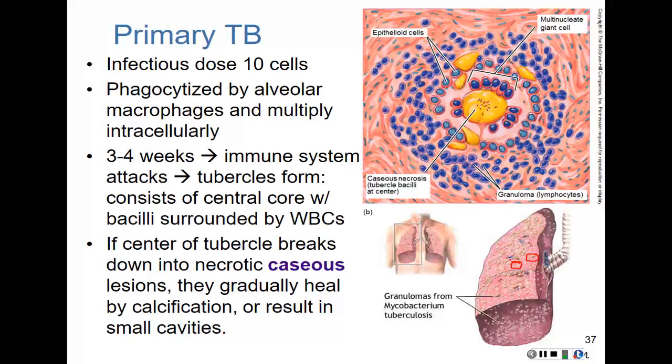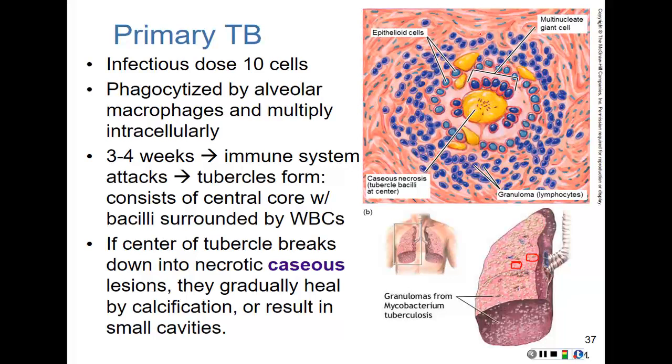Sometimes it can be on the outer walls, but they are a tubercle, and if you were to do scans of these, this is a cartoon of what a scan would show and what we call granulomatous lesions.